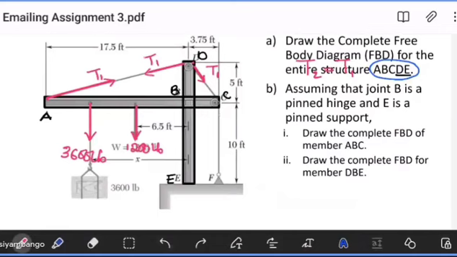Now we move on to point C. For point C, we have ropes there as well, one rope going towards D, one rope going towards F. Again, the force inside the rope will always go away from the structure. So this one will go down. Notice that it's the same scenario as earlier.